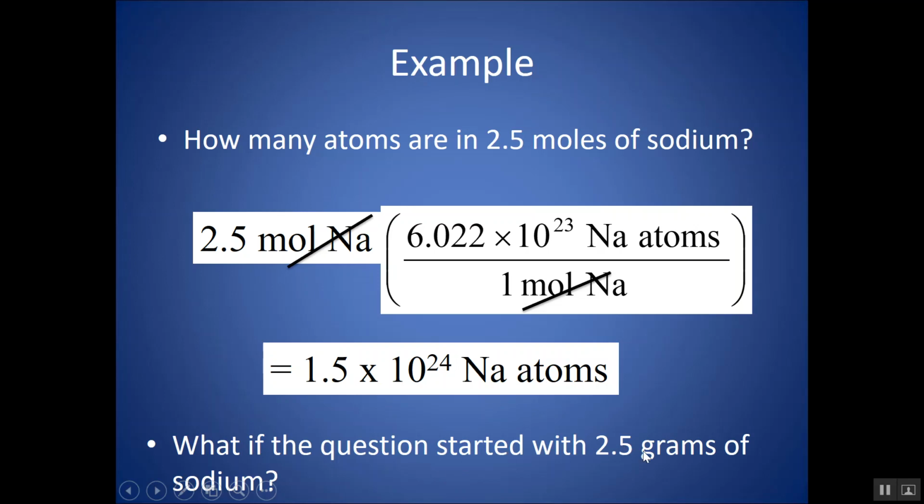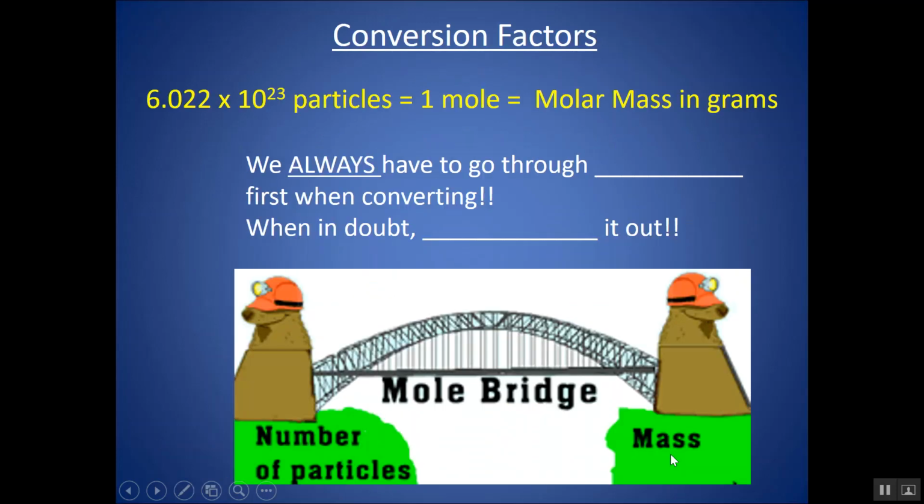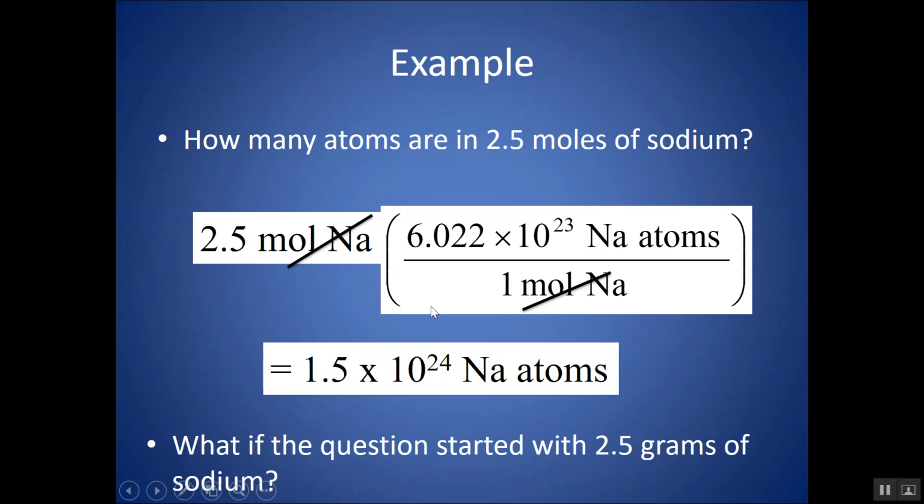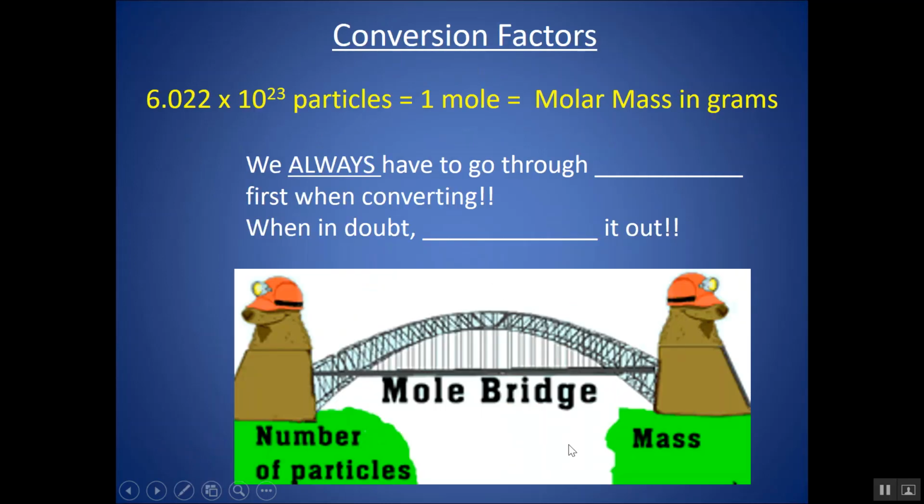What if the question, rather than starting with 2.5 moles, started with how many atoms are in 2.5 grams of sodium? I can't just go from grams into number of atoms. I always have to pass through moles first. My conversion factor here is 6.022 times 10 to the 23rd over 1 mole, so I'm always going to have to go through moles first.